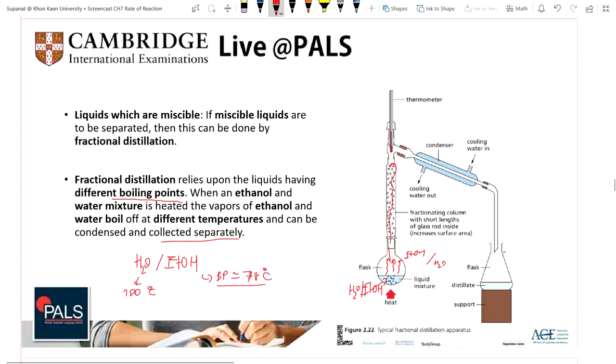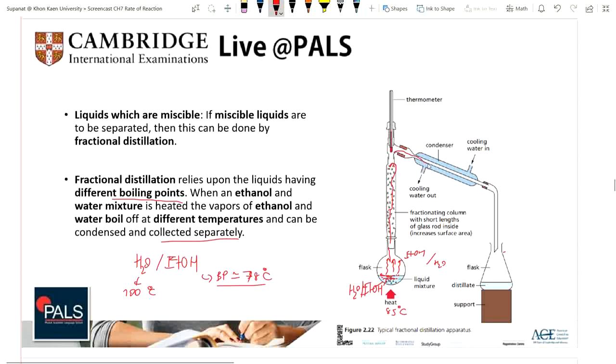But here, the fractionating column with short lengths of glass rod inside increases the surface area. After that, the water will not boil, because we adjust the temperature to around 85 Celsius. So we get the ethanol vapor.